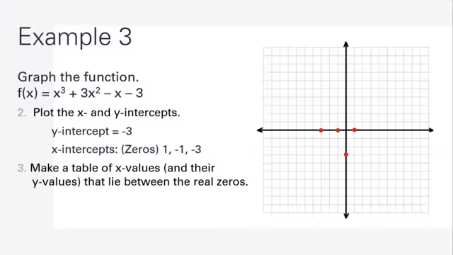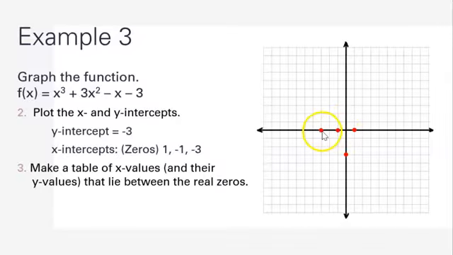When I find more points, I want to find points that are between my zeros. Now notice this pair of zeros already has the y-intercept between it. So I don't need to find another one there. I can if I want, because that'll get me a nicer looking graph, but this is sufficient.